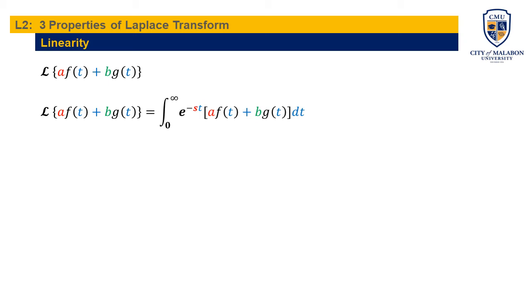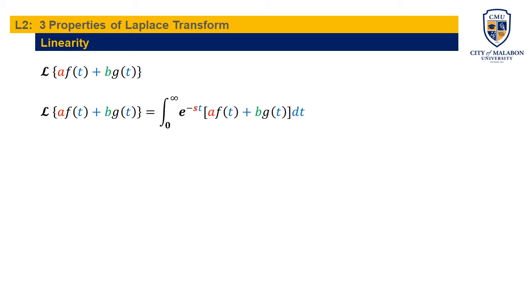So, dahil hindi pa natin alam yung linearity theorem, gagamitin natin yung definition natin ng Laplace transform to prove na yung ating linearity theorem is applicable yan doon sa mga combination ng ating functions. So, in this line, meron tayong Laplace transform ng addition ng ating dalawang functions.